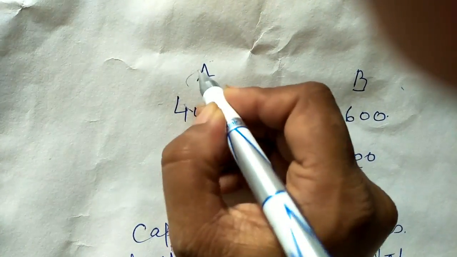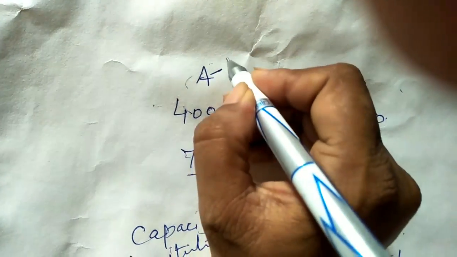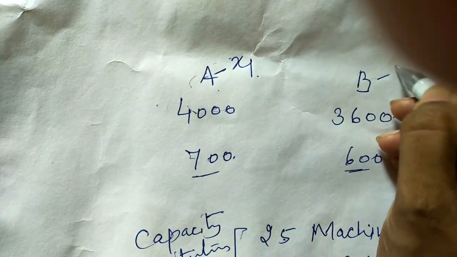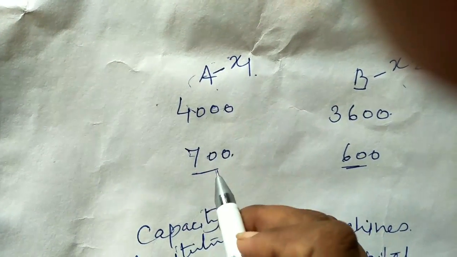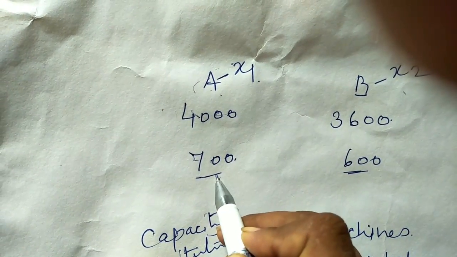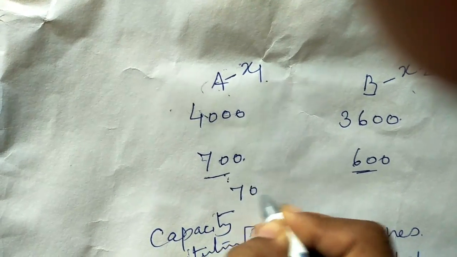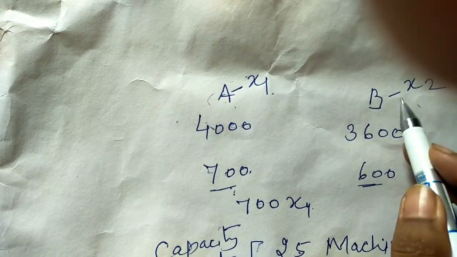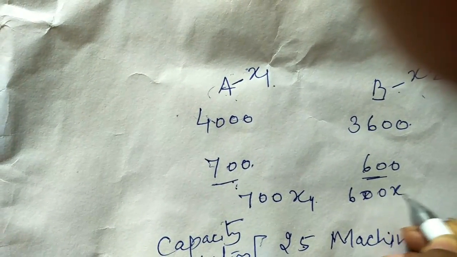Suppose the company installs x1 units of A and x2 units of B. Profit from 1 unit of A is 700, so profit from x1 units of A will be 700 x1, and profit from x2 units of B will be 600 x2.